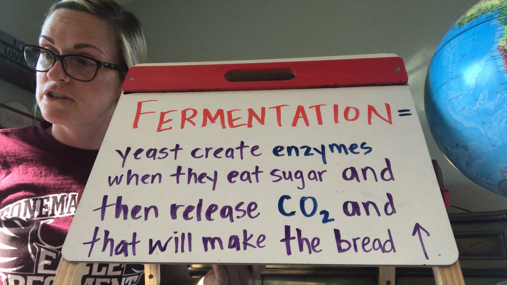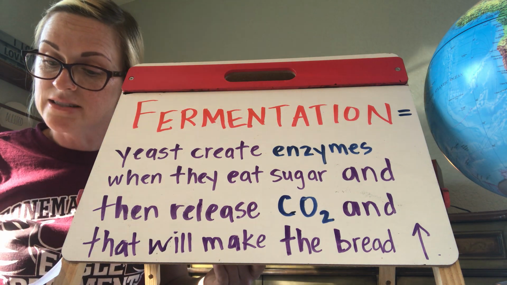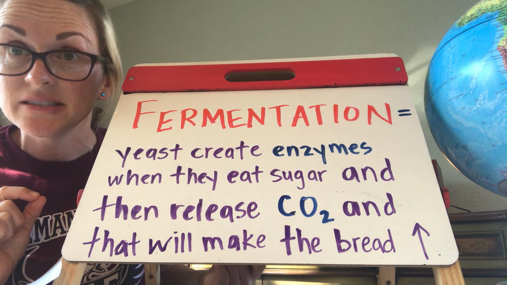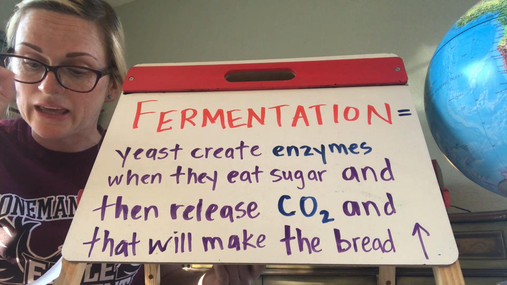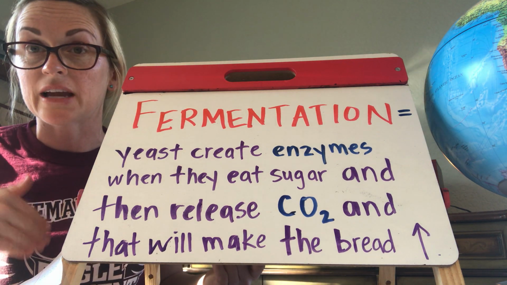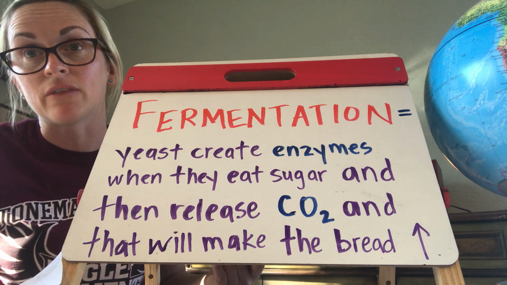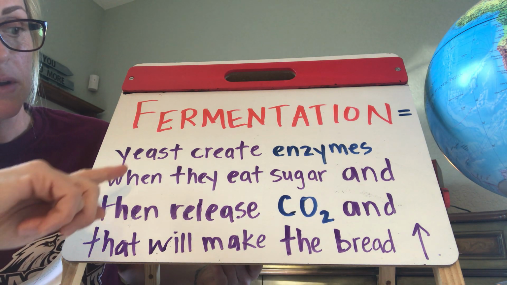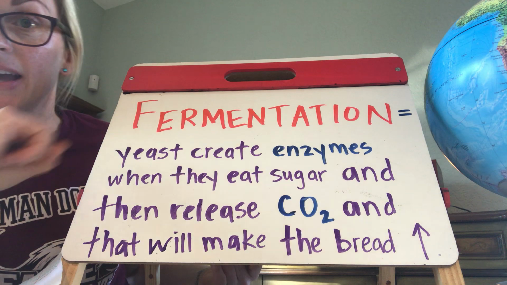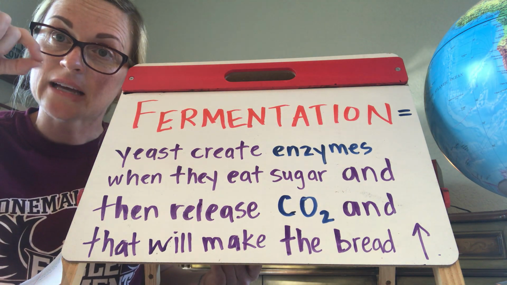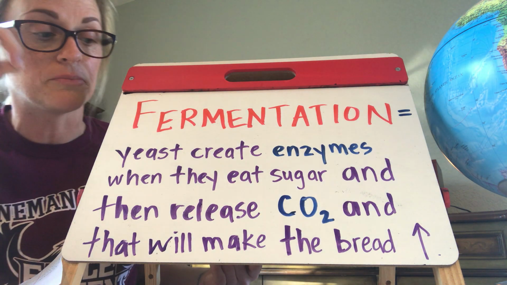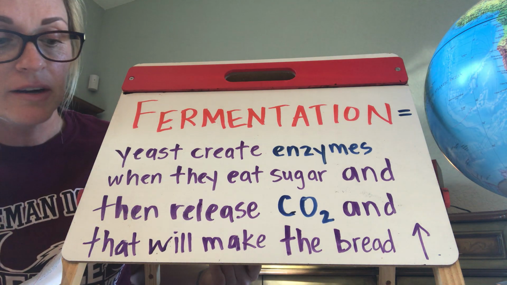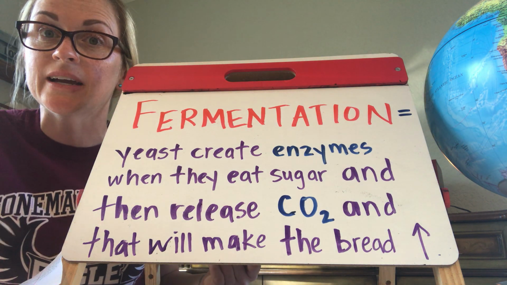Now I'm going to refer to my notes. An enzyme is a substance made by a cell, those tiny little things that help with digestion, and they also help with making new cells. So when those little tiny things called yeast in the bread eat sugar, they release carbon dioxide.